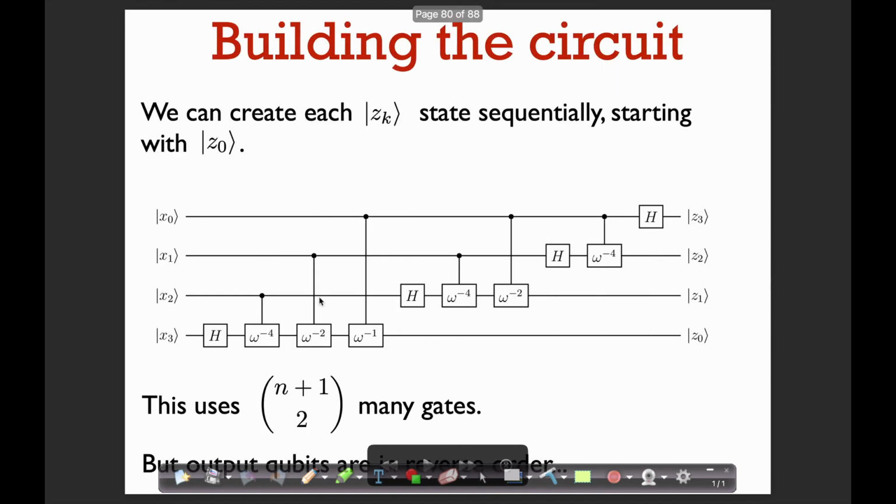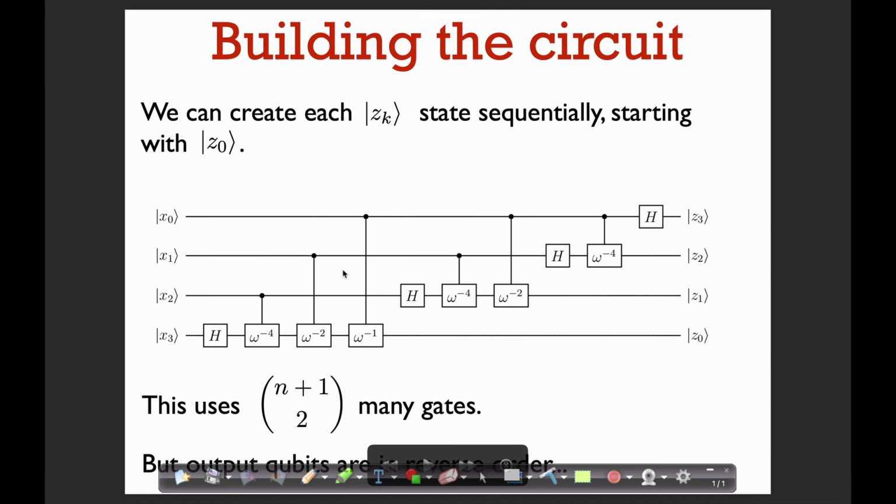So what we're going to do is first create the state z0. Okay, so we first create the state z0 on this last wire here. Okay, so z0 actually depends on all the bits of x, right? But when we created z0, we didn't mess up x2, x1, or x0.